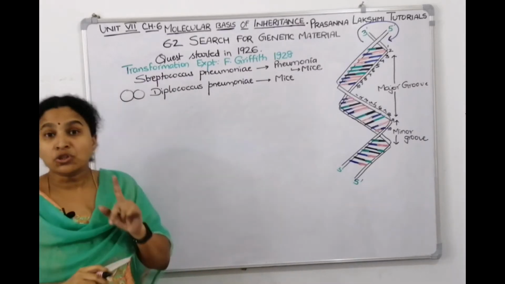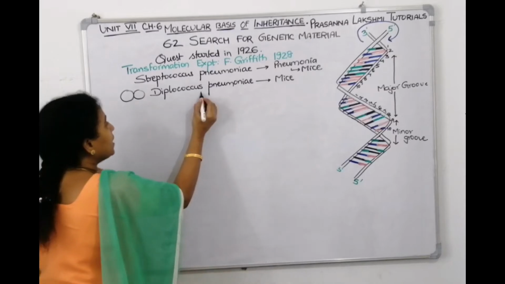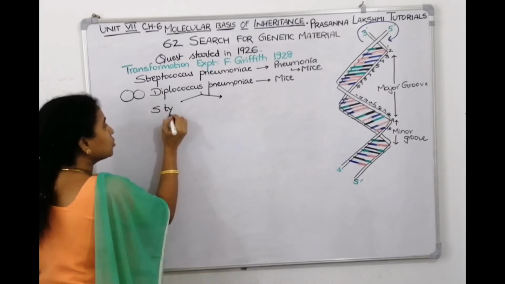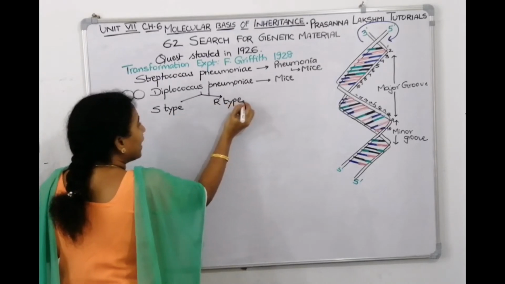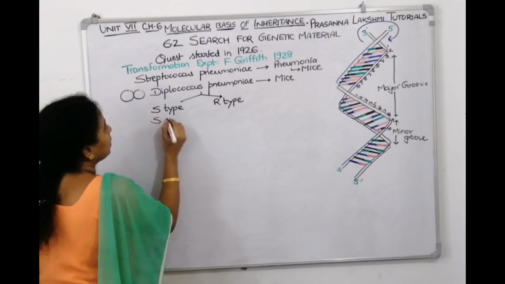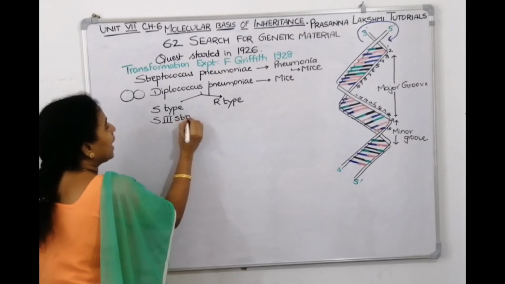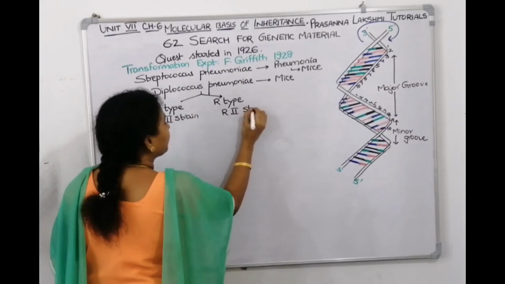The two strains are called S-type, smooth strains, and R-type, rough strains. S-type belongs to S3 strains and R belongs to R2 strain.